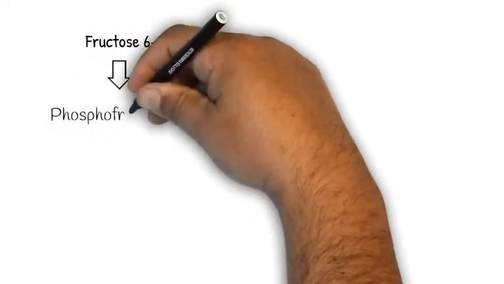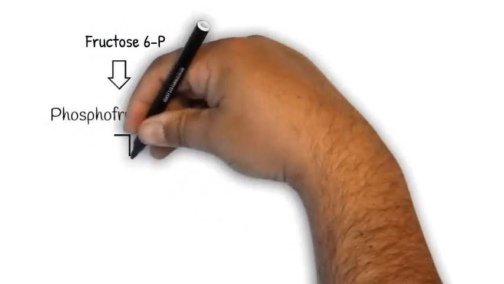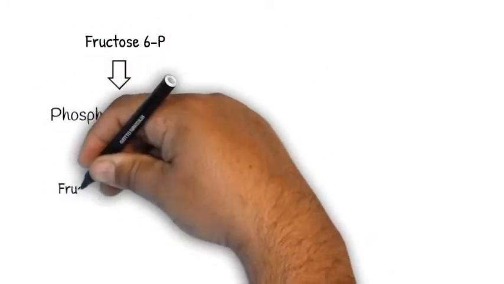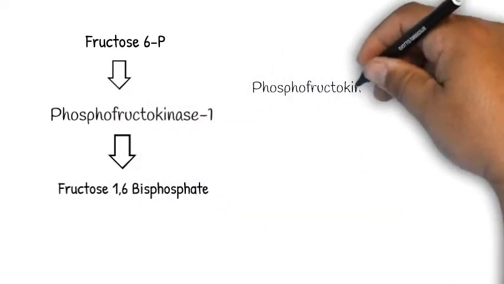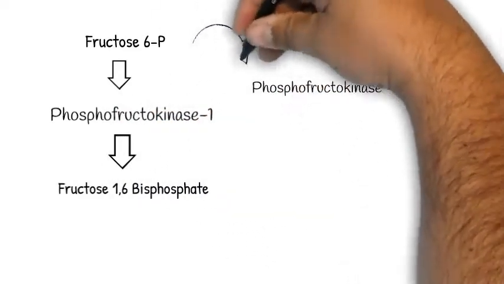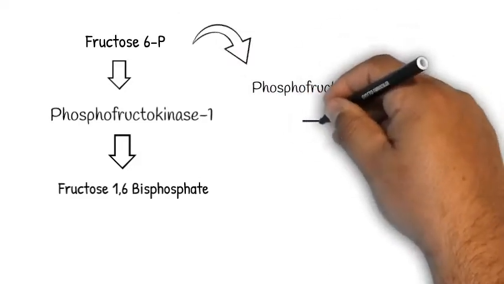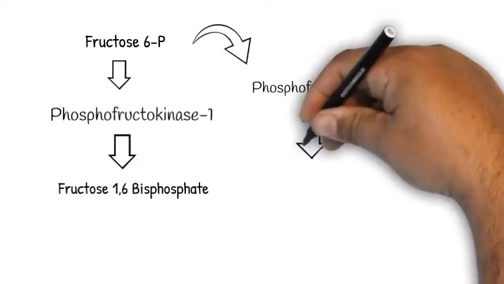And now I wanted to very briefly show you the regulation of PFK1, which converts fructose 6-phosphate to fructose 1,6-bisphosphate.